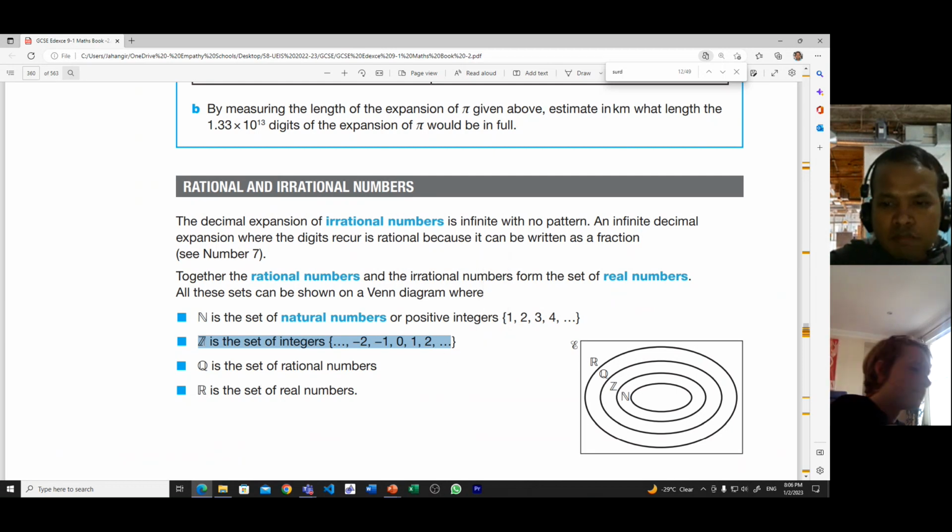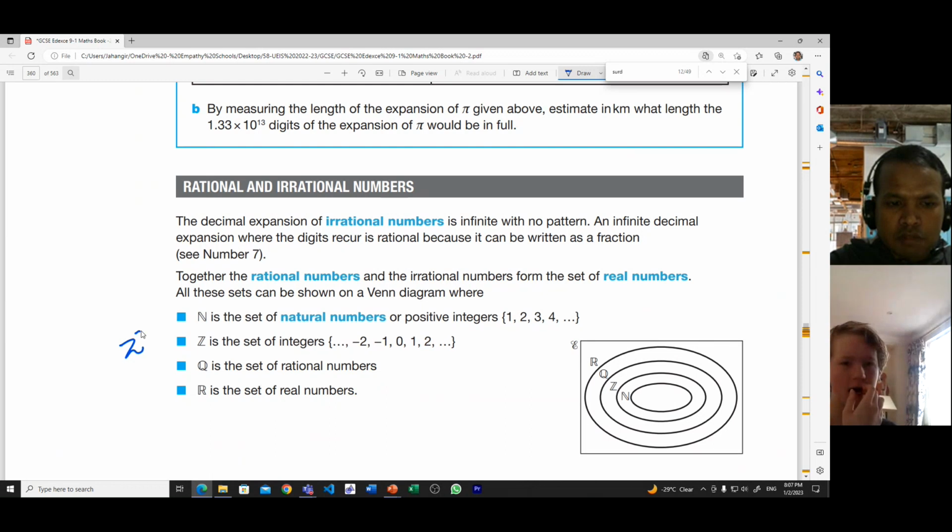If Z plus is there, it means positive integers, starting from 1 onwards. If Z minus is there, it is the negative integers. So negative and positive both are in Z. And Q is for rational numbers, R is for real numbers. These are the ways we represent them.